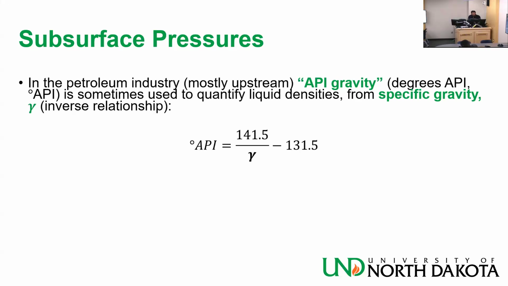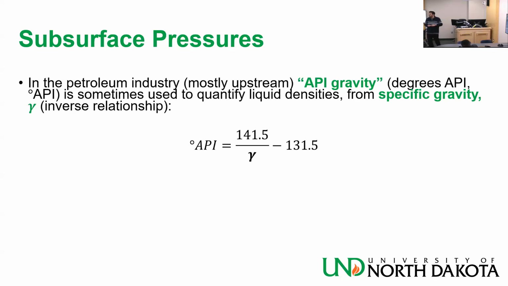We have this equation for the API gravity. API gravity is 141.5 divided by gamma, minus 131.5. Do you know what gamma is? What is specific gravity? For gas, it is the ratio of the density of gas to the density of air.